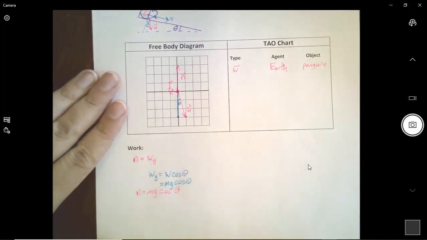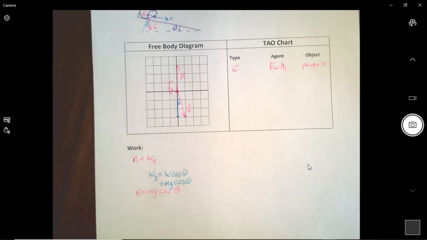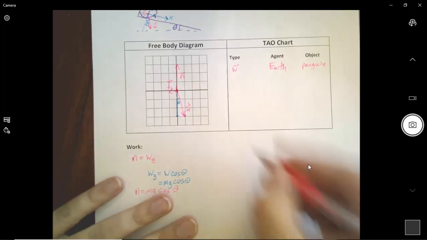Now, the point of this question is that we don't yet know if the penguin is moving. So there are two possible cases.